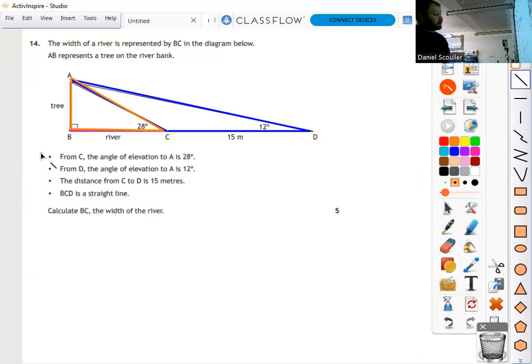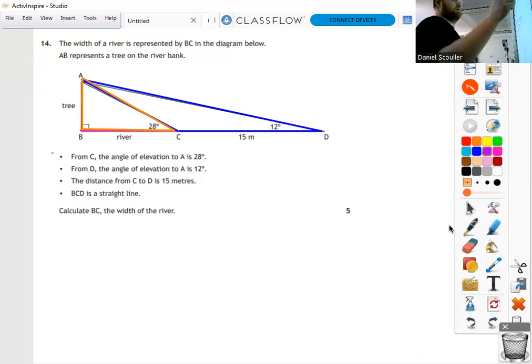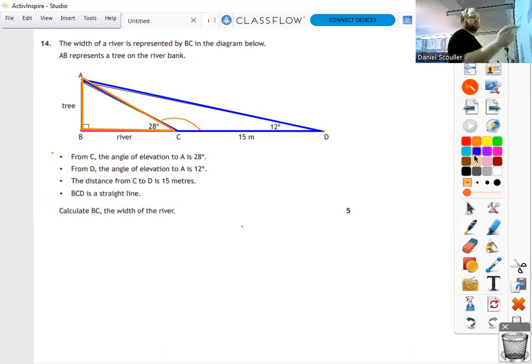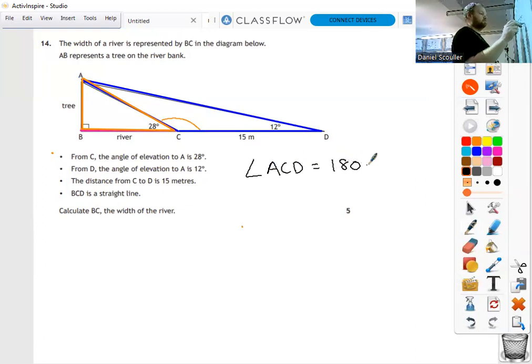Now, can we find out any other angles? Well, we've got enough information to find that angle there, ACD. It is 152 degrees. That's a good place to be.